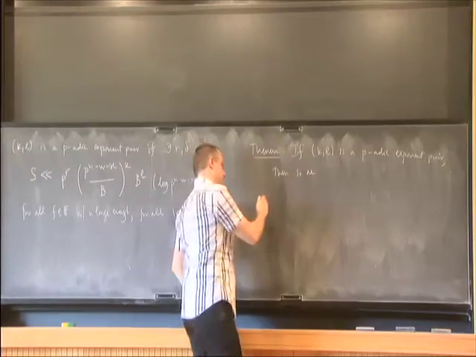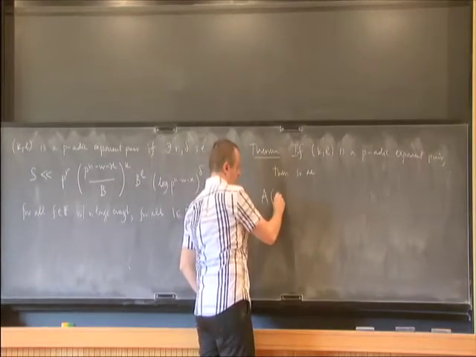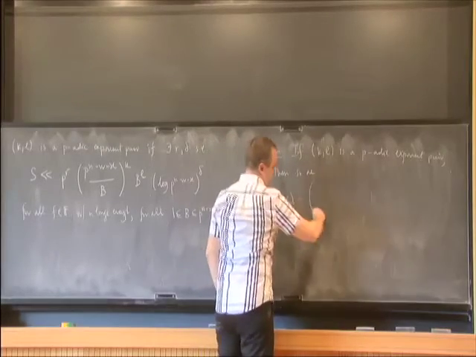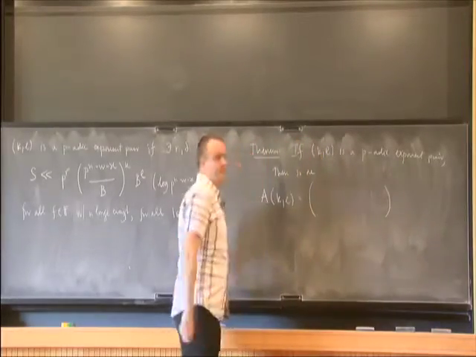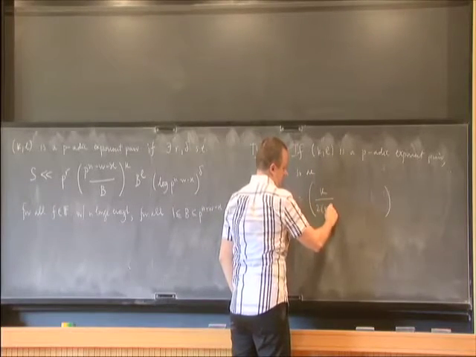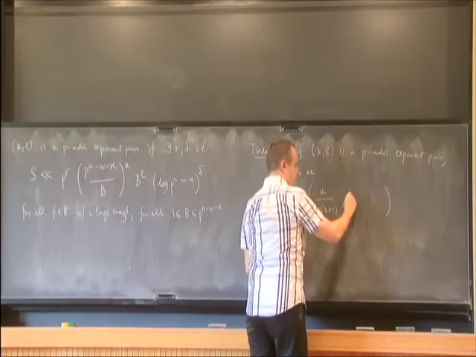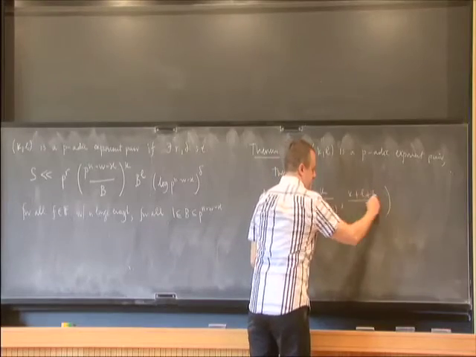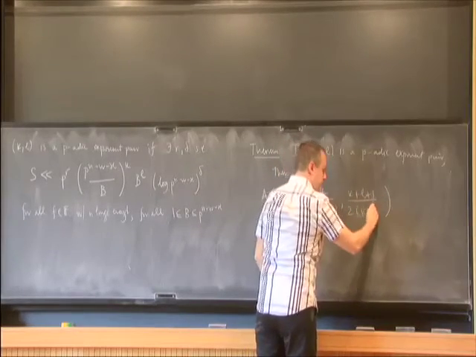One comes from what I call the A process. So A of KL is the following pair. The first entry is k over 2 times (k plus 1). And the second is (k plus L plus 1) over 2 times (k plus 1).